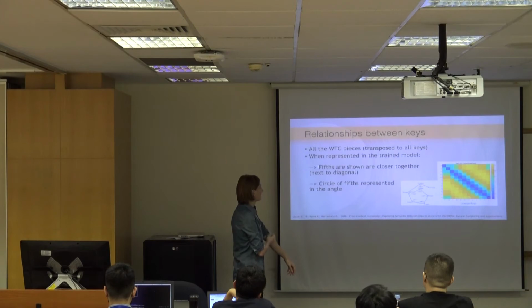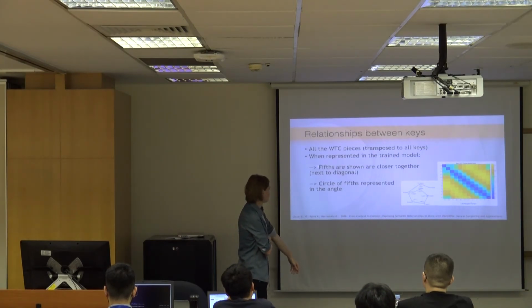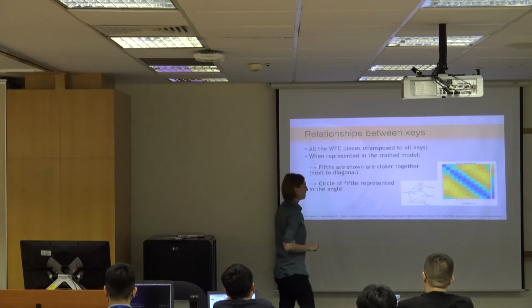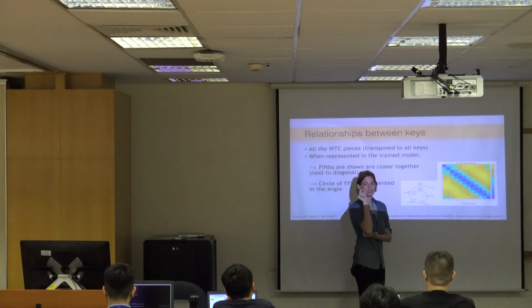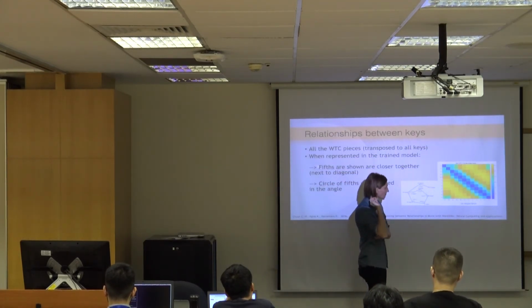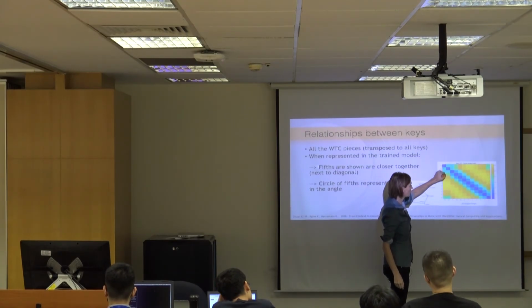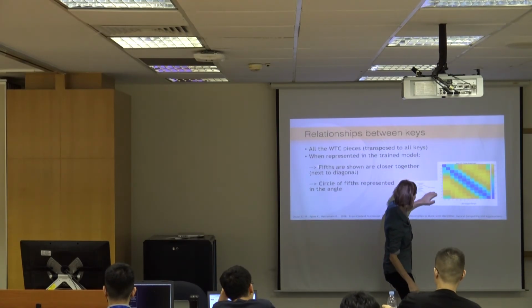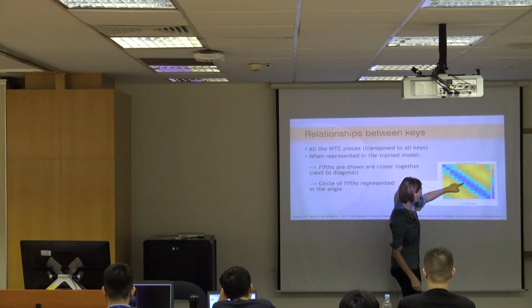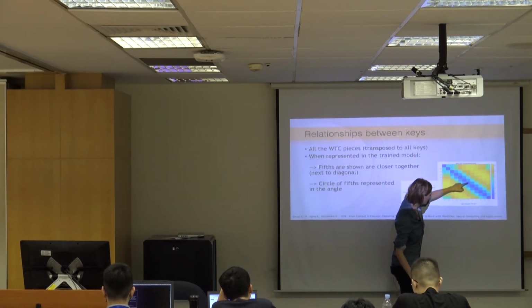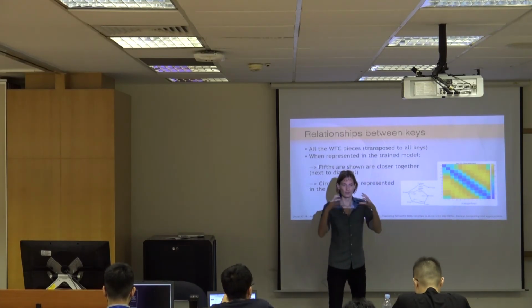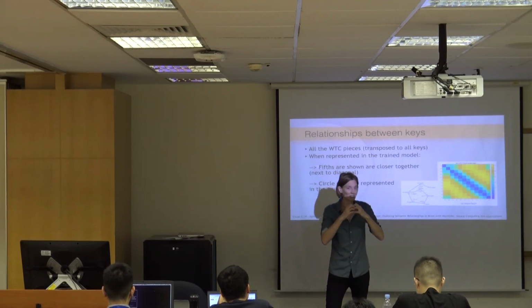Then we looked at, I think, you remember, it was the key of each piece, and we took the center of the piece. And then we noticed that pieces that are a fifth apart, for instance, from, I know it's very small, from C to G, have much smaller cosine distance.